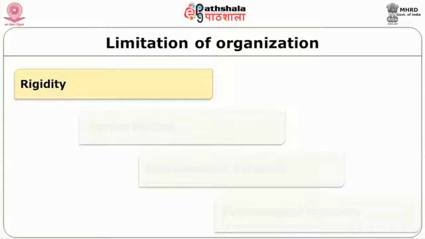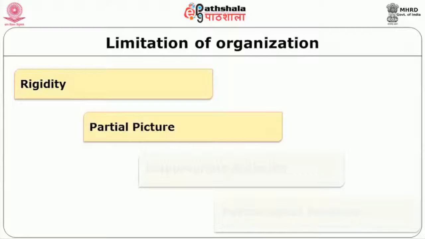Sometimes they focus only on the activities to be conducted, and not only to be conducted but to be conducted in only a similar way to which they are used to, and that brings a rigidity in the process of organizing. The second limitation of organizing is a partial picture.